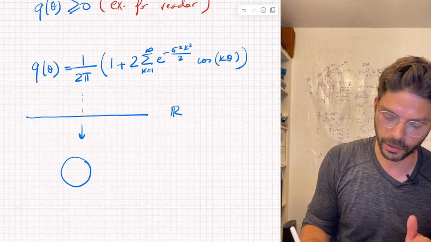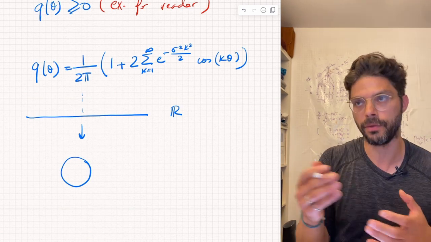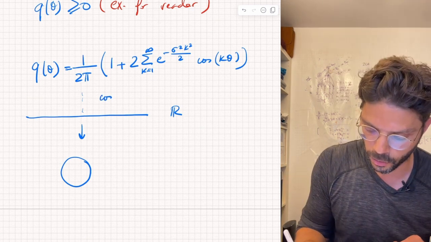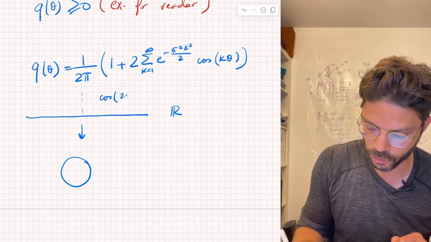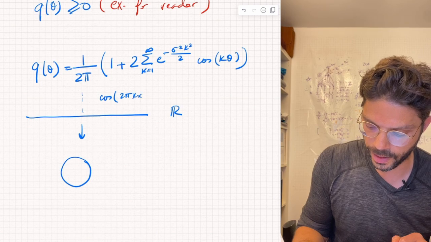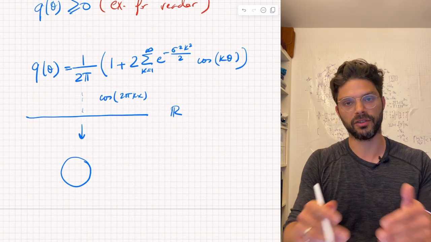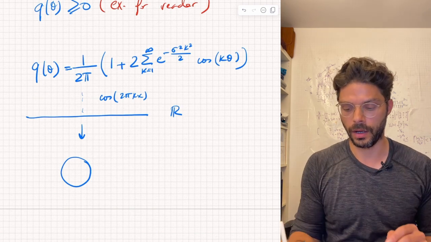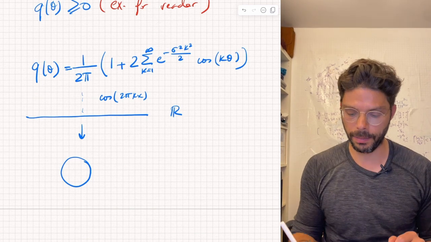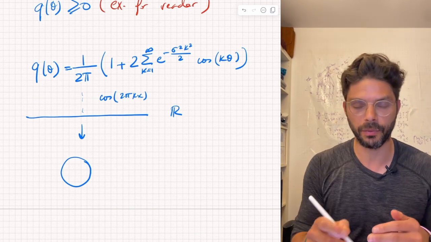So the Fourier components are going to be cosine 2 pi kx, where k could be any real number, because that distribution is not periodic on the real line.